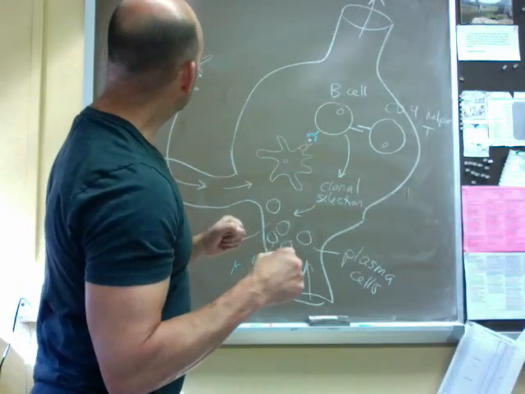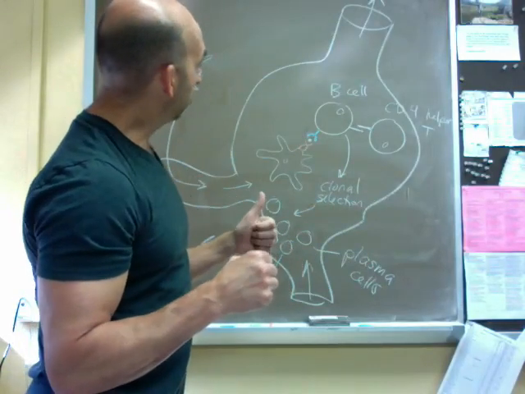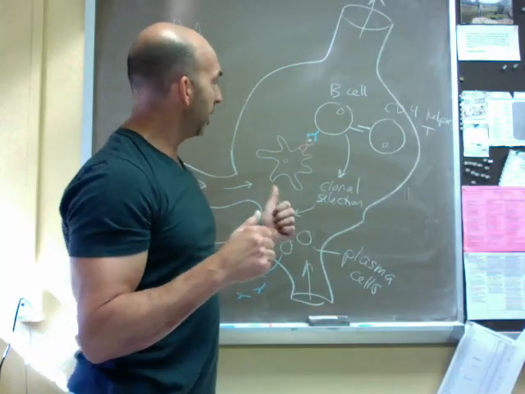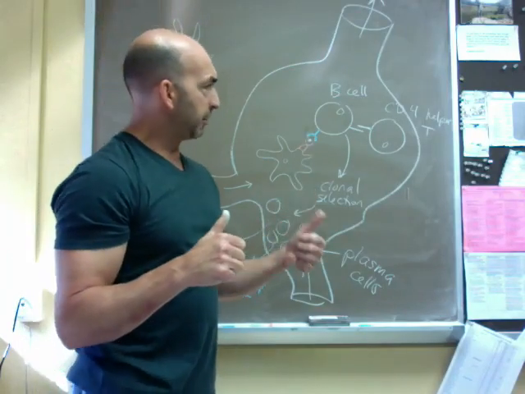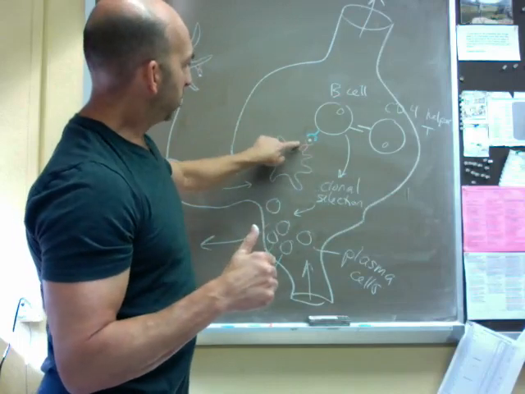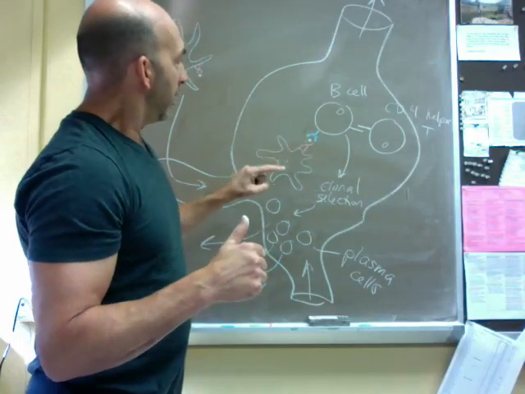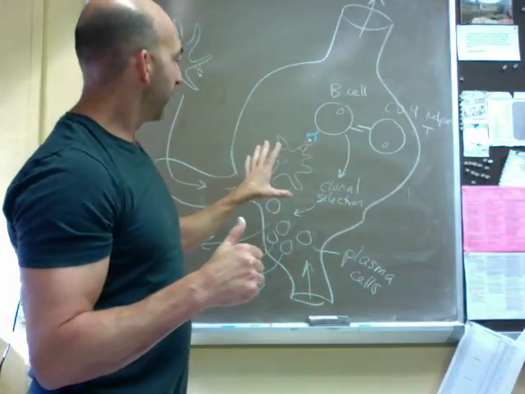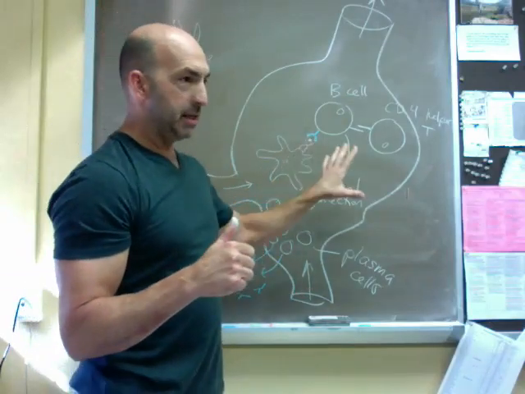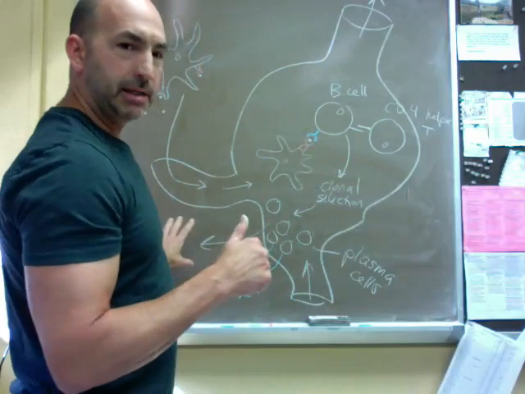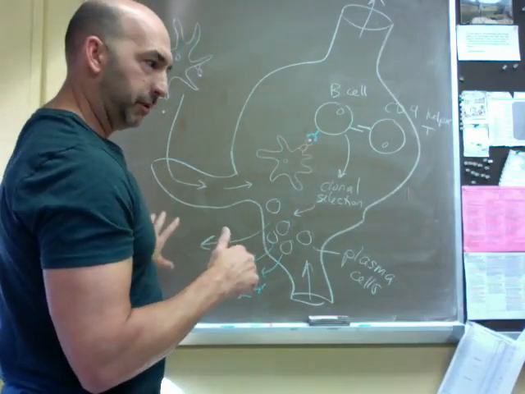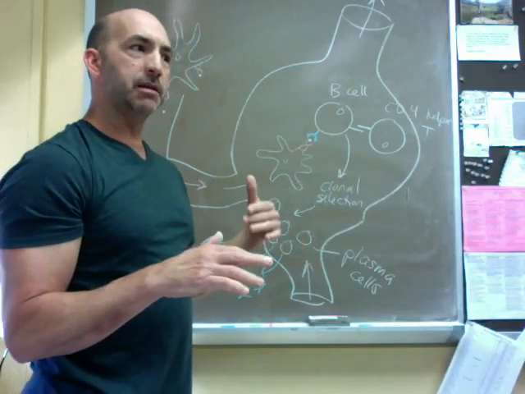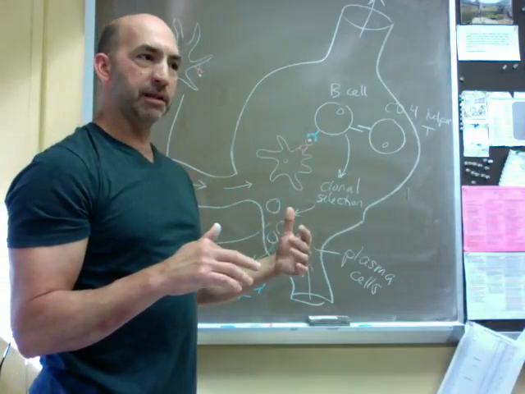Okay, I think that's pretty much all we need for B and T cell activation. One thing I do want to point out is that we talked about the MHC2 version here and presenting to B and T cells. When the T cells, remember the CD8 T cells, move out to kill the foreign invader, they can also recognize cells that become cancerous.